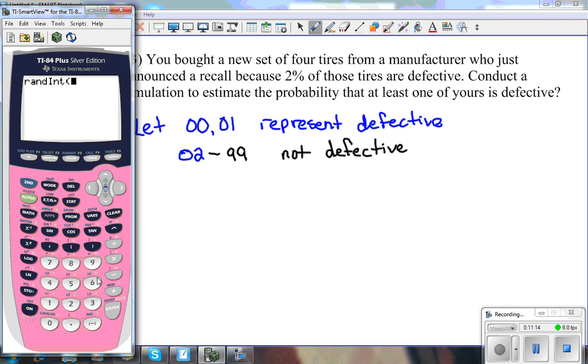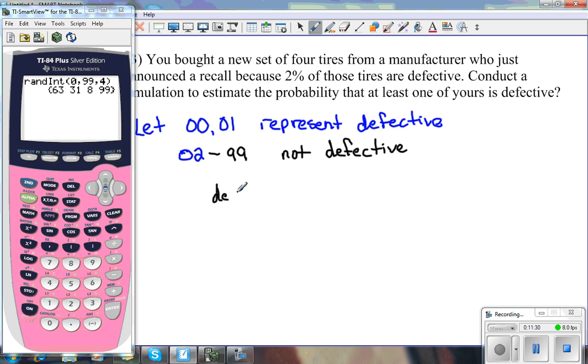All right, so let's do 0 to 99 because my calculator won't do the 2 digits on those. And I'm doing 4 tires. So I could go through this, and here I'm looking for a 0 or 1. So here none are defective. So I could make a little mark: at least 1 defective versus none.